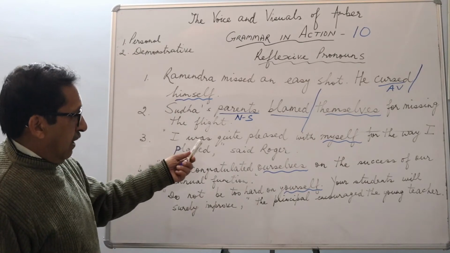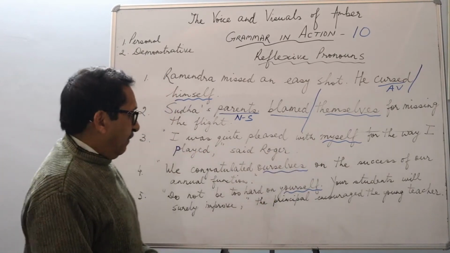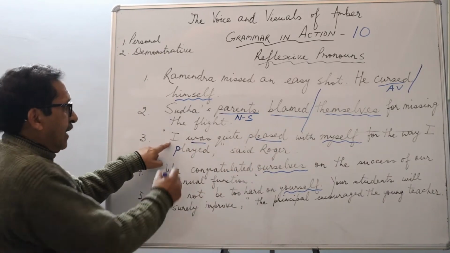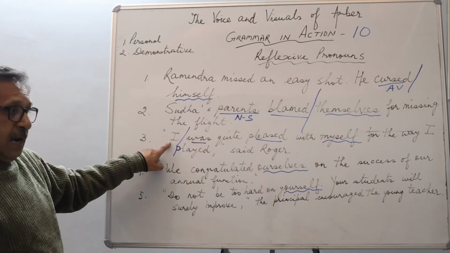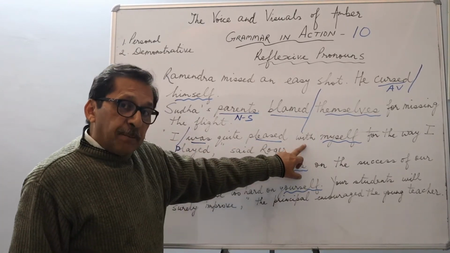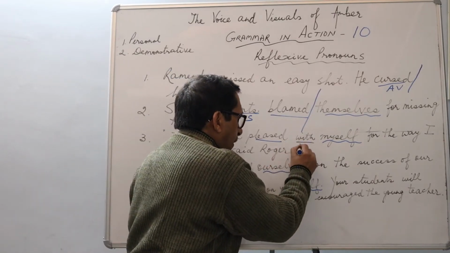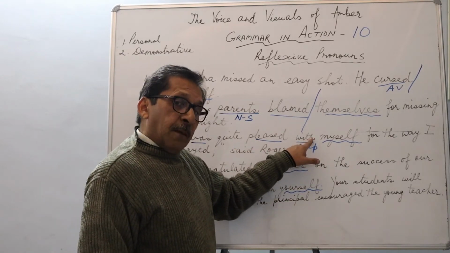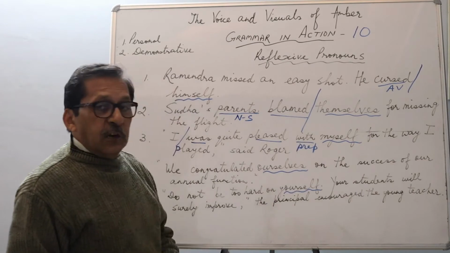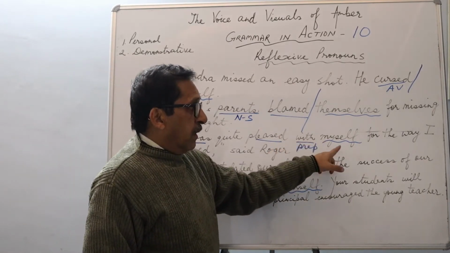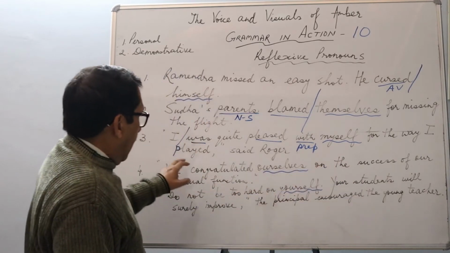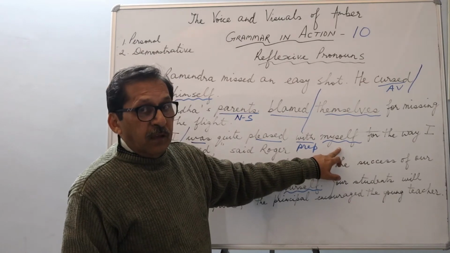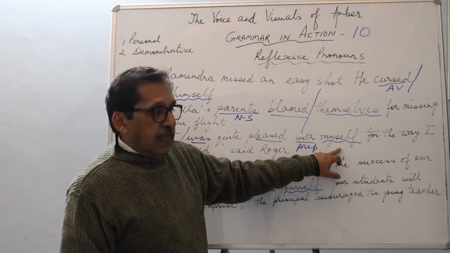So I was pleased. Now I is the subject, the personal pronoun. With is the preposition, and prepositions are always followed by objects. So with whom? With myself. So myself is also a reflexive pronoun in the first person, singular number.